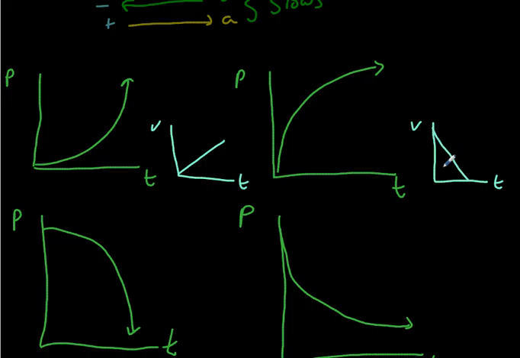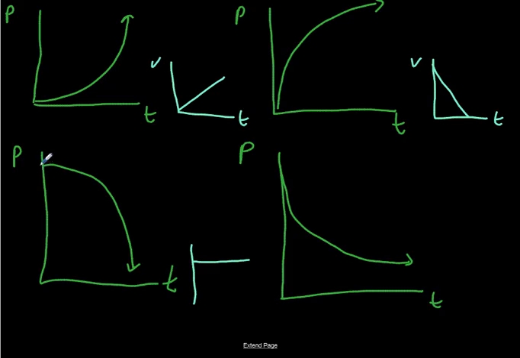Notice it's always positive, so it's a positive velocity, but it's decreasing. Now we have a negative velocity, right? The object is moving to the left, and its velocity is increasing. So there, now we have that. And last but not least, our object is moving left with a decreasing velocity. So it's got to look like that. In the negative. Moving left, but decreasing.